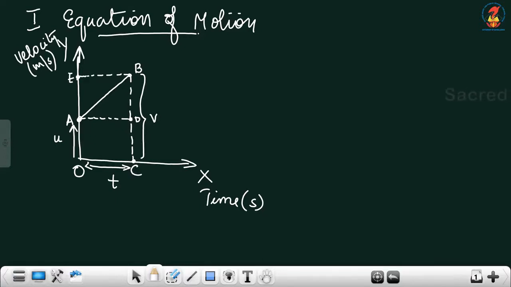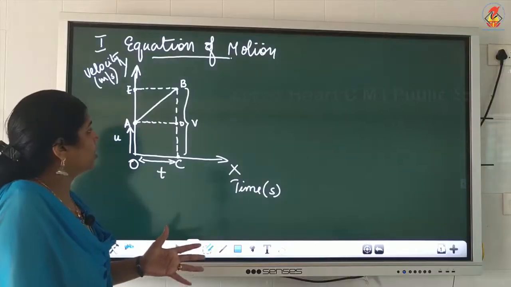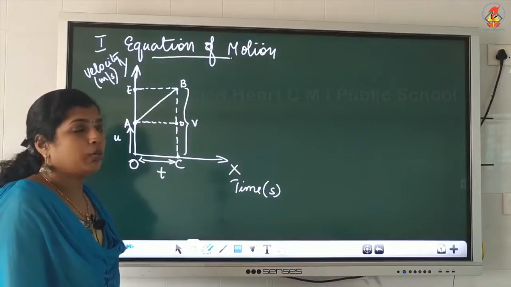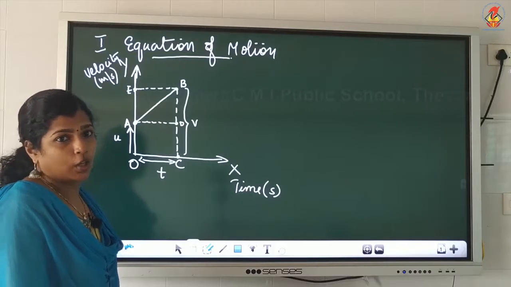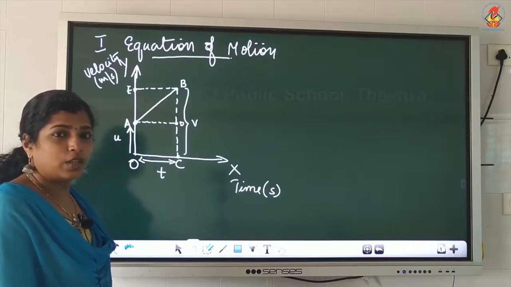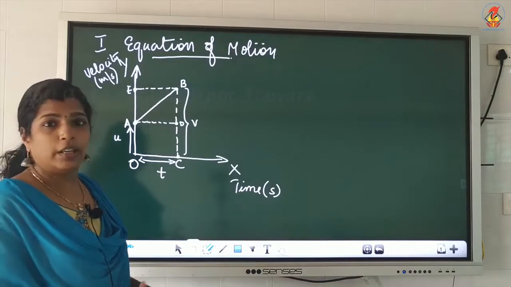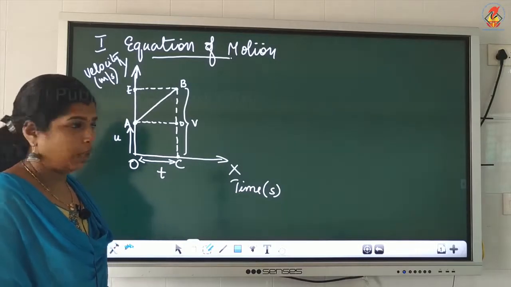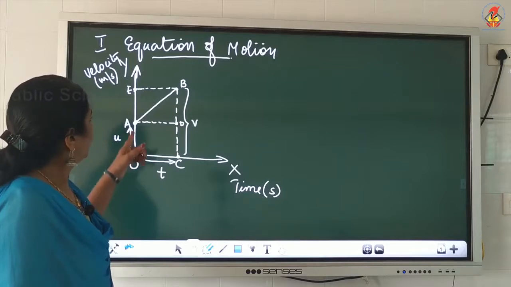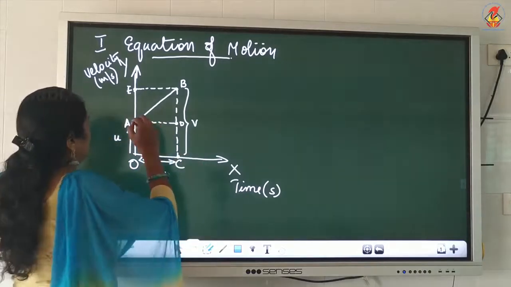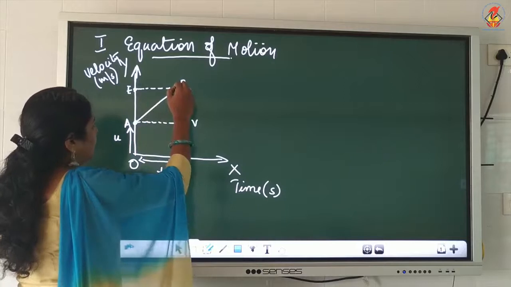So we drew the velocity time graph for an object in uniformly accelerated motion, but the object is not starting from the origin, meaning the graph is not starting from the origin, or the object is not initially at rest. This is the shape of the graph. This AB is the graph.